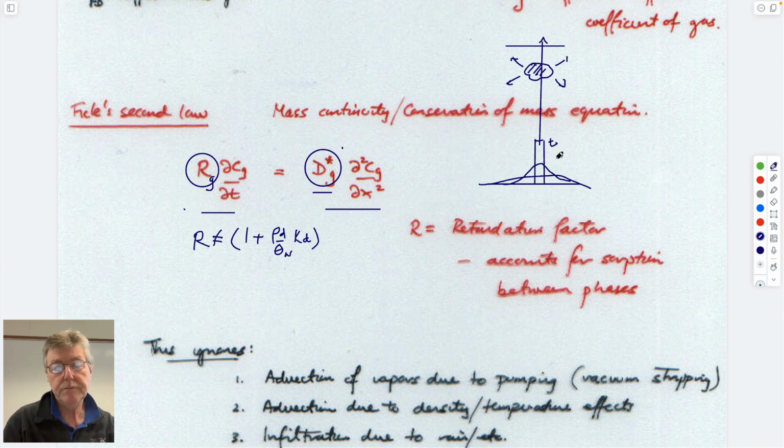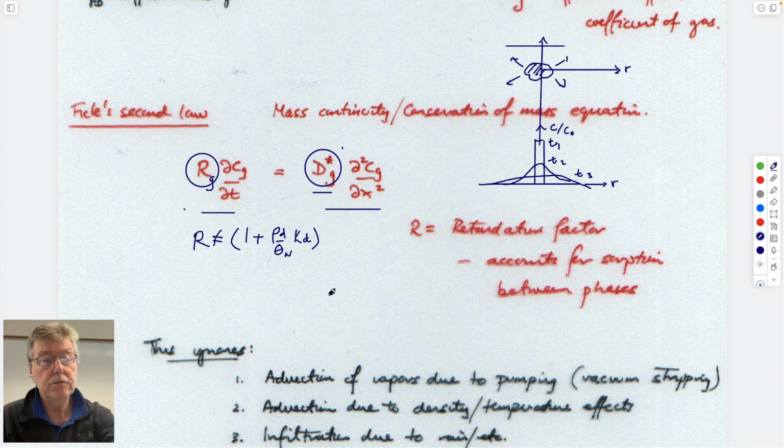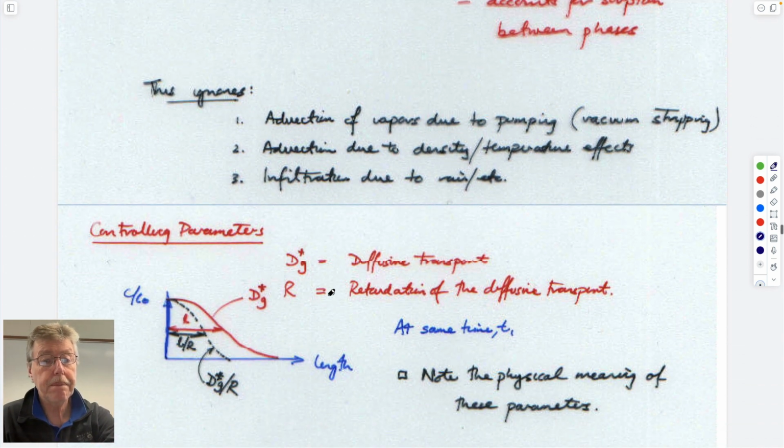So T1, T2, T3, etc. T infinity is just flat and of low concentration. And this would be C over C0. And this would be radius, I suppose. And so we need to look at what these two coefficients would be.